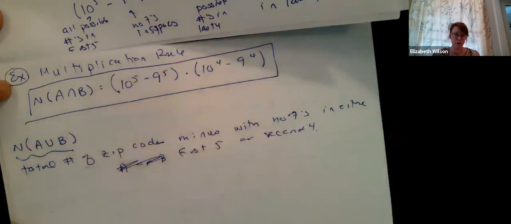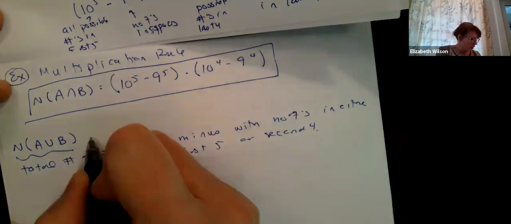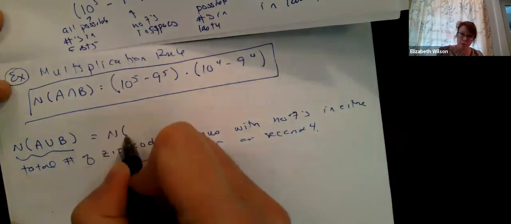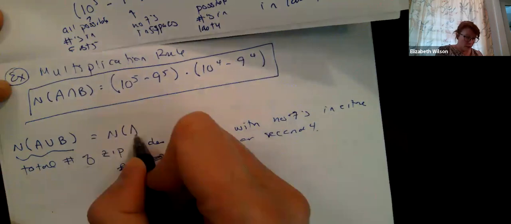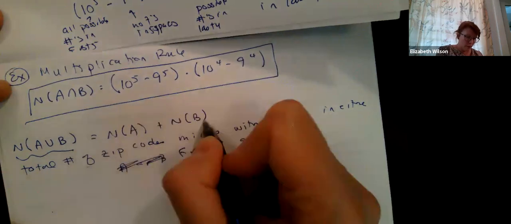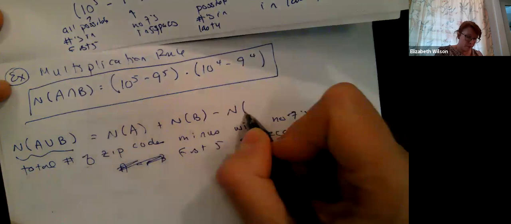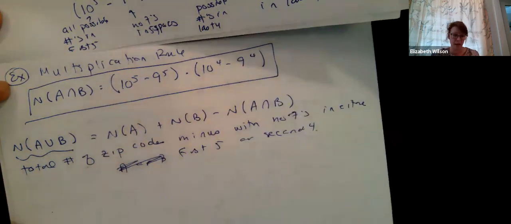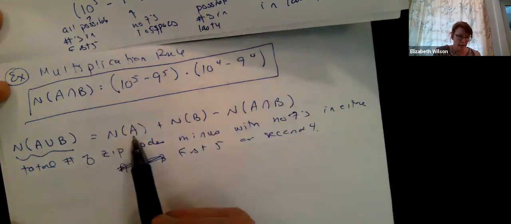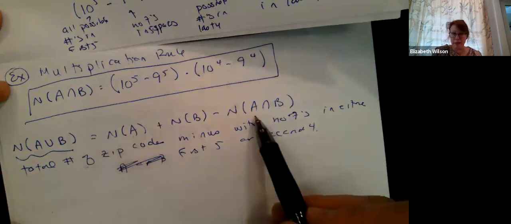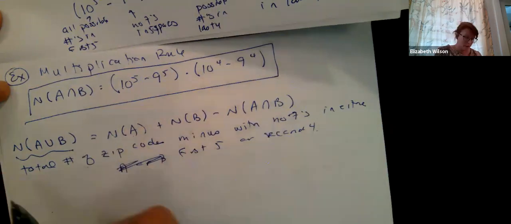Okay, so that's our union, right? So my union is going to look like we did before with how we do this, NA plus NB minus their overlap. Okay, so I'm going to exploit that. So I'm going to fill in, I calculated NA and NB before. We just calculated the intersection. So I'm going to fill in those blanks here.